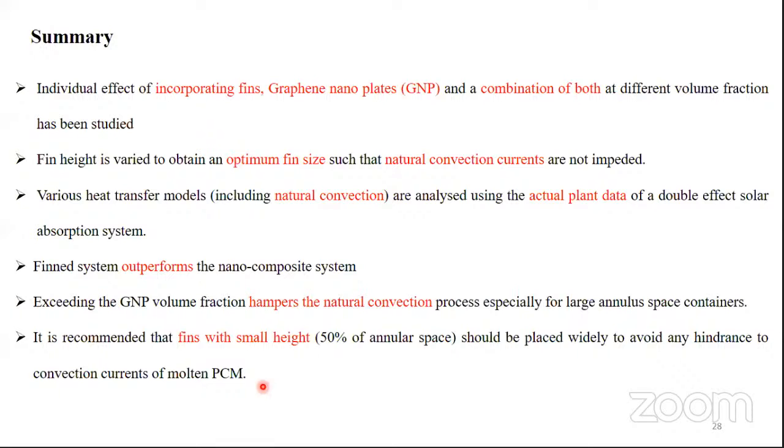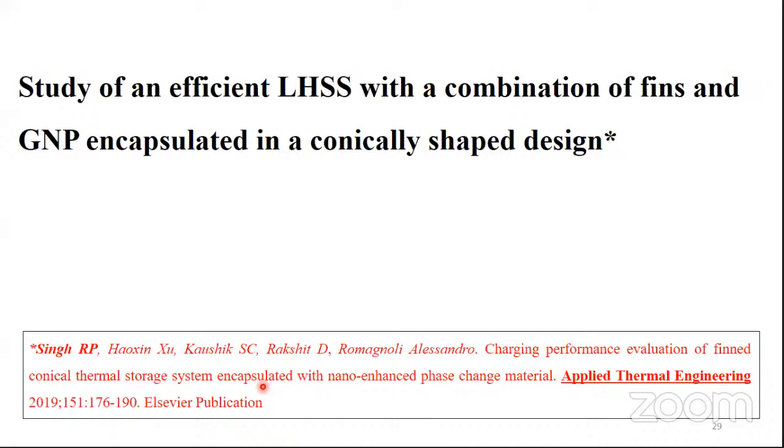And if we are increasing the volume fraction of graphene nanoplatelets, then it hampers the natural convection process, especially for larger annular space containers. So it is recommended that fins with small height, say 50% of the annulus, should be placed widely to avoid any hindrance to the convective current of the molten fluid.